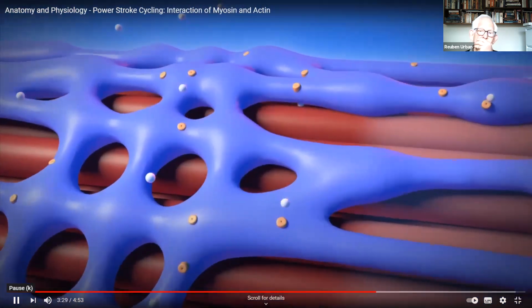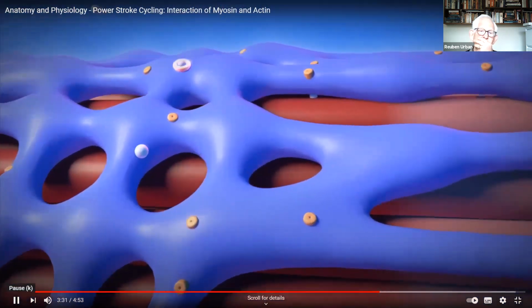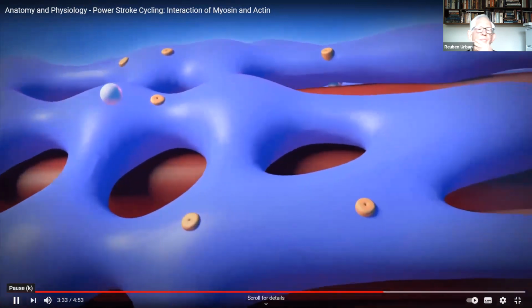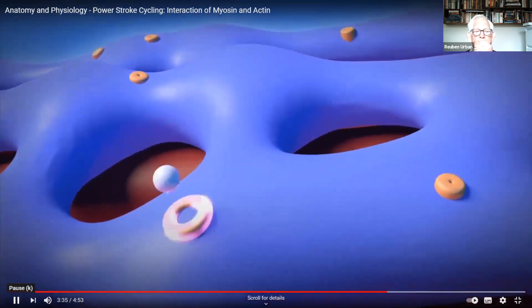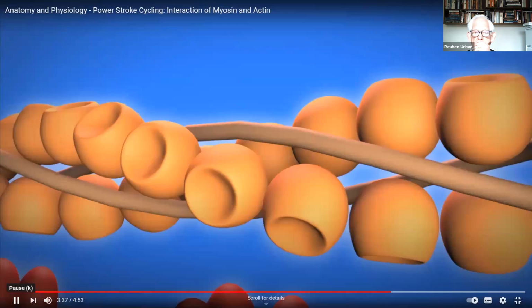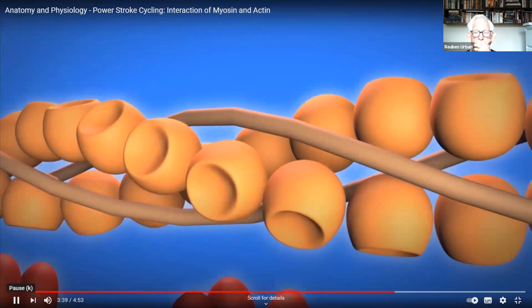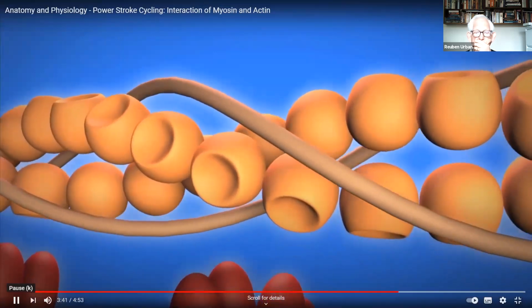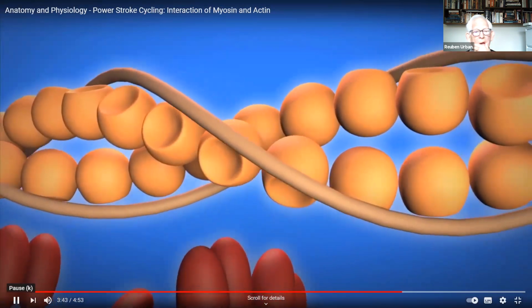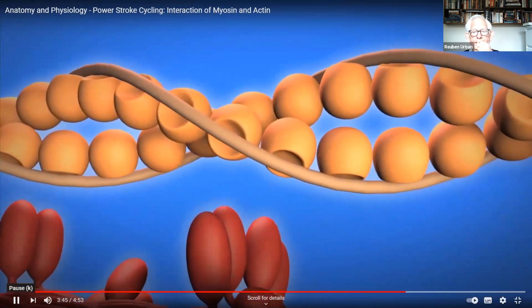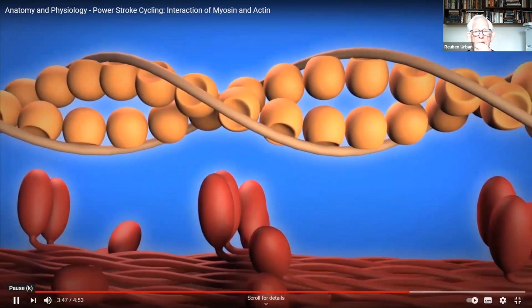Relaxation is achieved when calcium pumps have actively transported calcium back into the sarcoplasmic reticulum, reversing the changes that previously occurred in troponin. Tropomyosin is now back in its original position, covering the myosin binding sites on actin, preventing cross bridges and power stroke cycling.